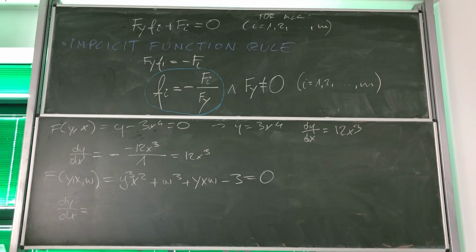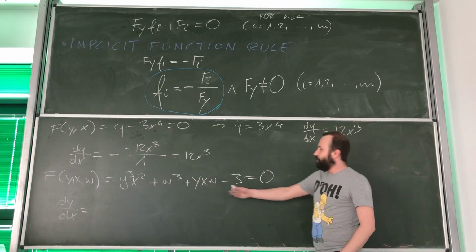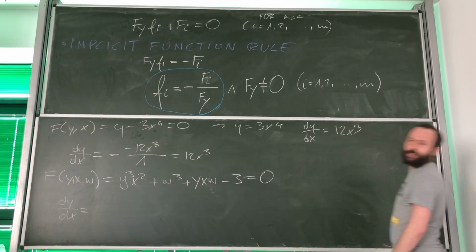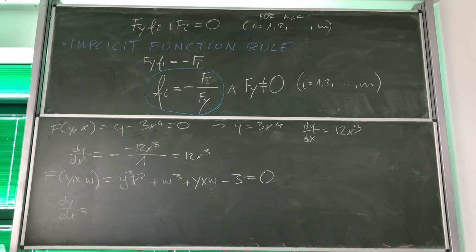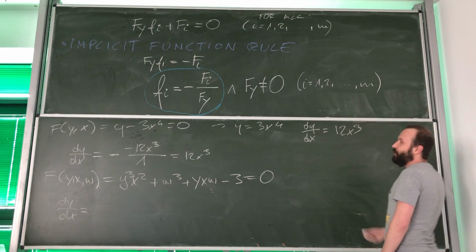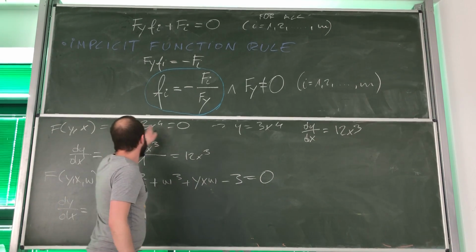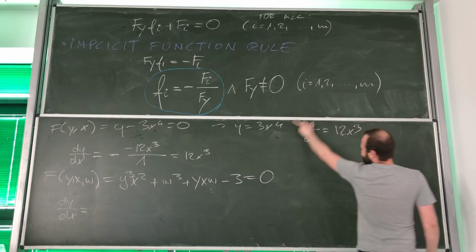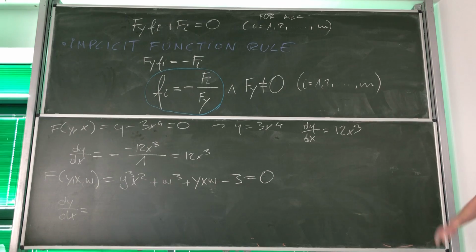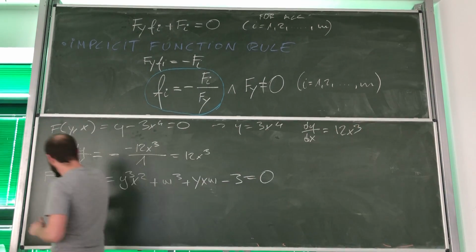Now, doesn't matter how smart you are, solving this equation is not going to be that easy, right? But this is why we have this rule. We don't need to solve this equation to obtain this derivative, right?